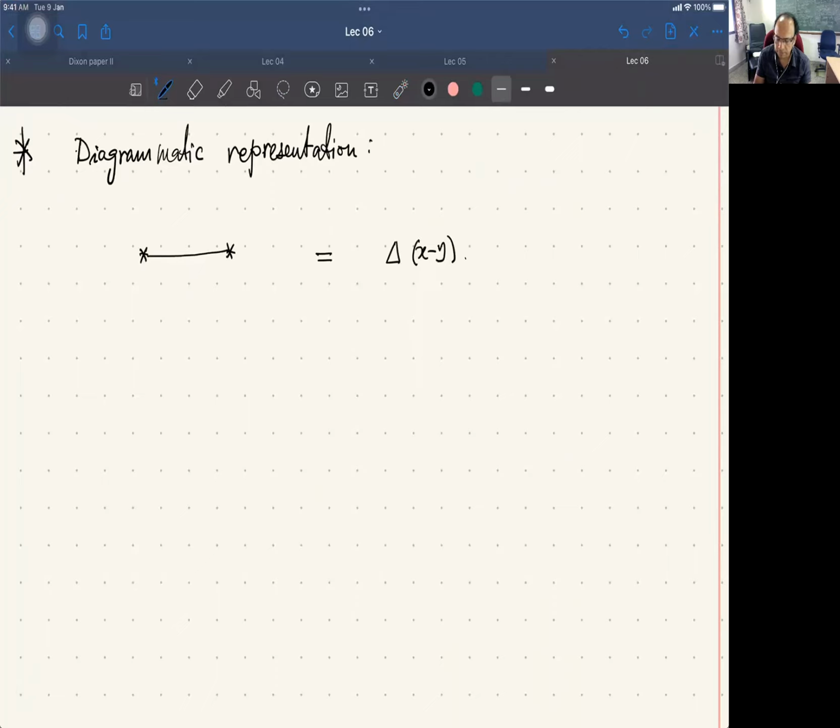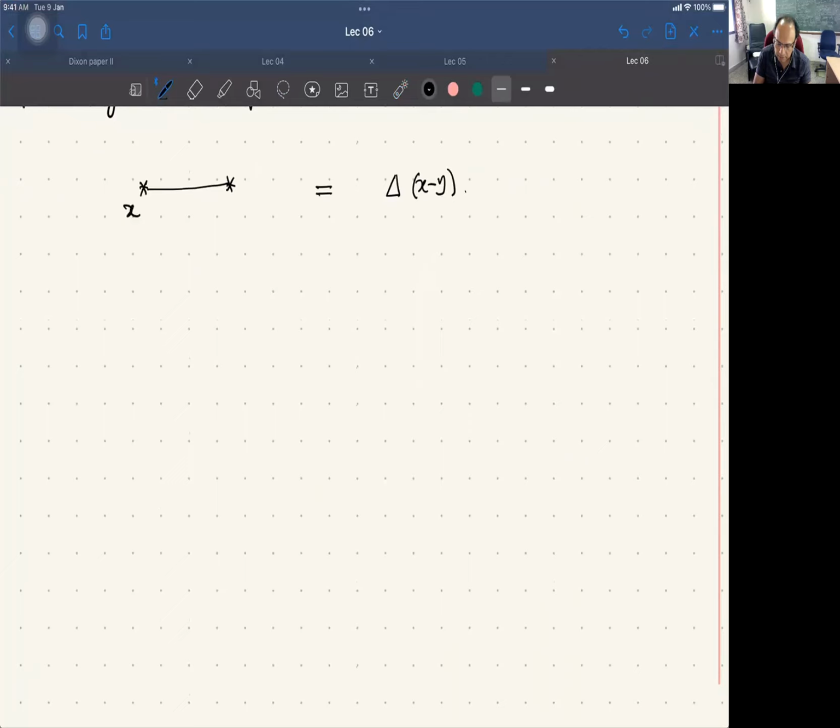Delta and k are the same for us only up to a phase, and this is x and this is y. It's like a propagator. You must be familiar with that from your QFT1 course, and so we can represent this quantity by such a diagram where you have two external points and there's a link between them. That's a propagator. So it's a response moving between x and y in a time-ordered fashion.